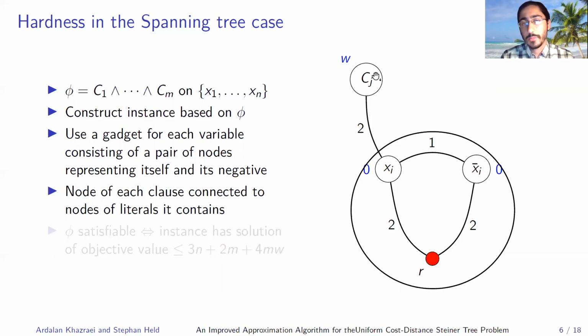For each clause, we have a separate node with delay weight a positive constant w, connected by edges of length 2 to the nodes representing its literals.